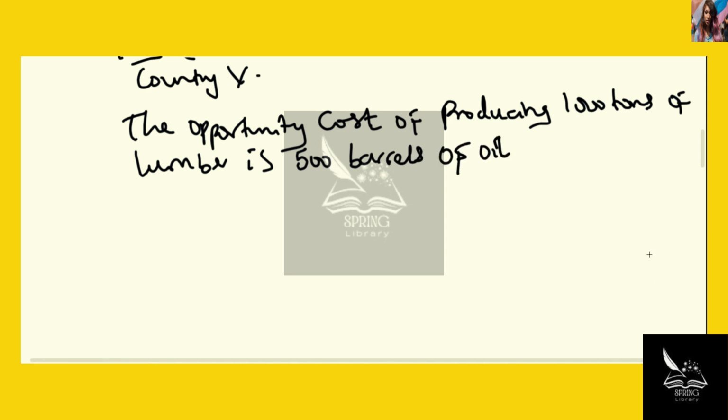So they should ask for at least 500 barrels of oil in exchange from country Venezuela, so that they are in the same position as before. So basically, they should ask for at least 500 barrels in exchange from country V, so that they can be in the same position as before.